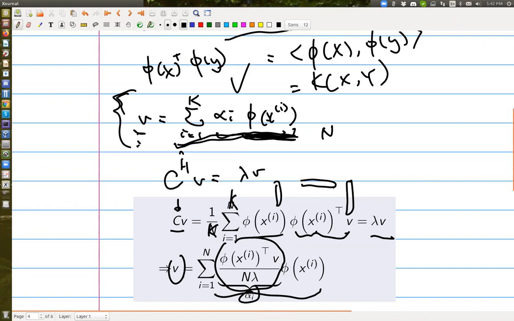Therefore, V is actually a linear combination of this phi with some weights alpha i. So then the question is, what is alpha i though? We need to look for alpha i.